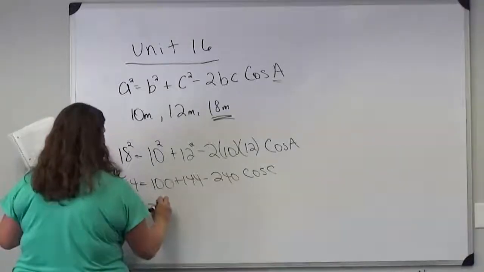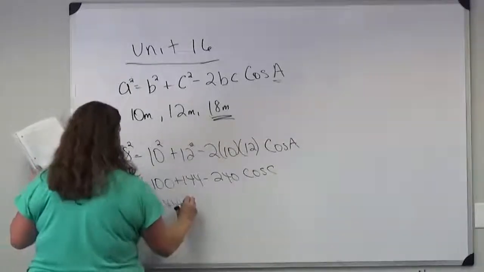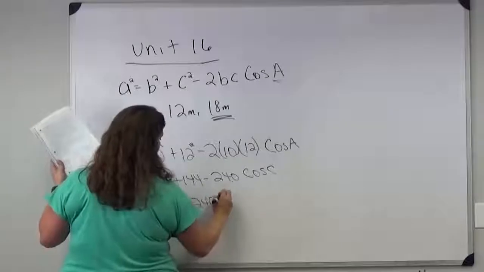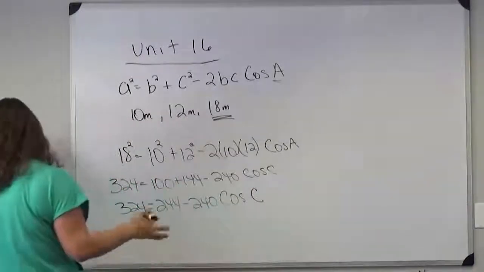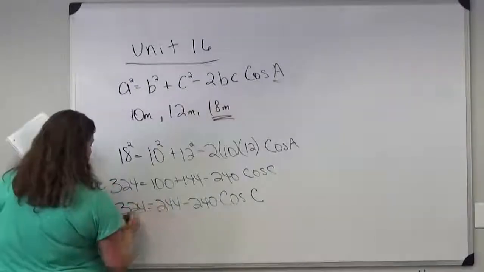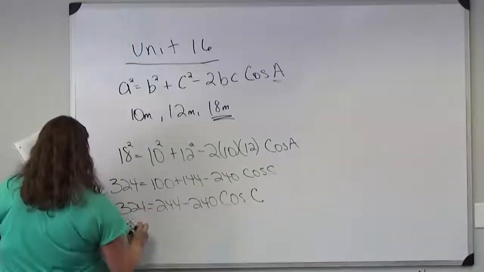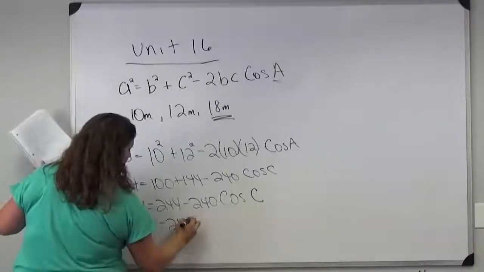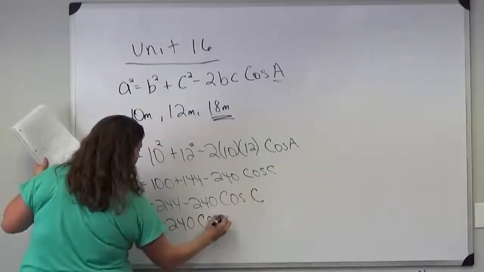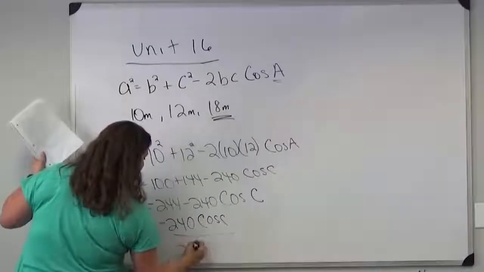324 equals 244 minus 240 cosine of A. Subtract the 244 and you're left with 80 equals negative 240 cosine of A. Divide by negative 240.